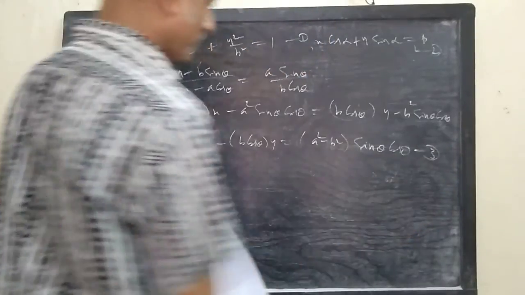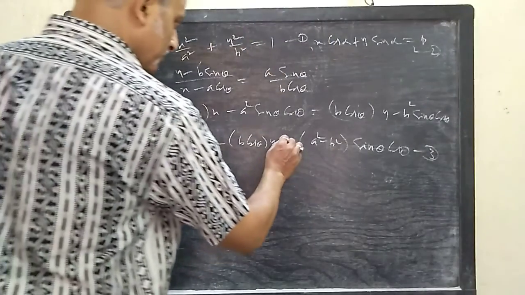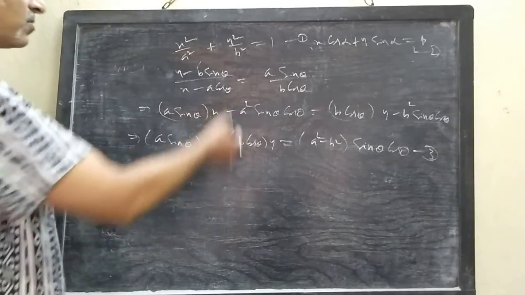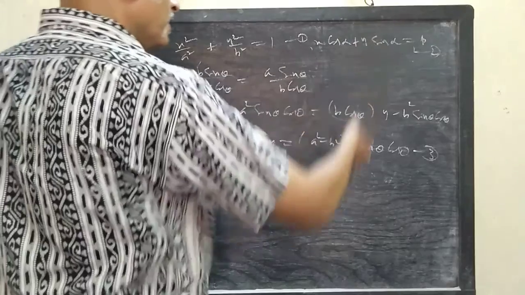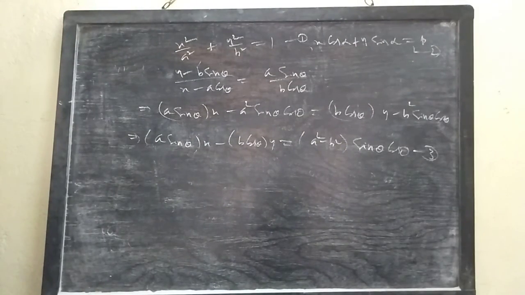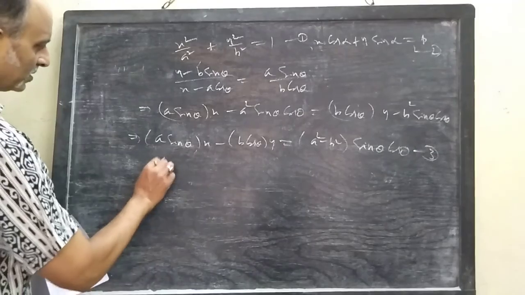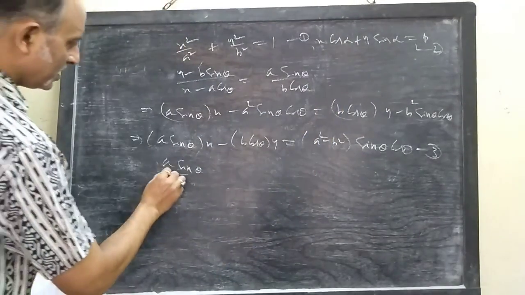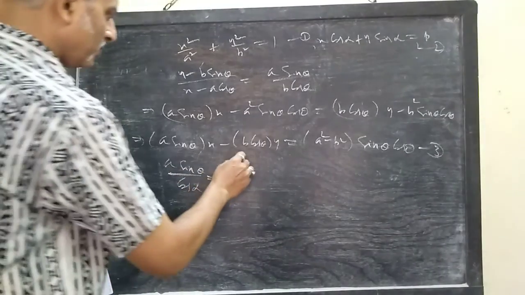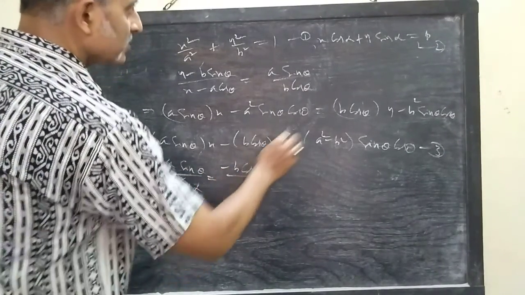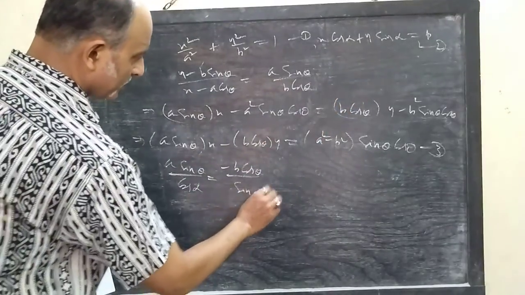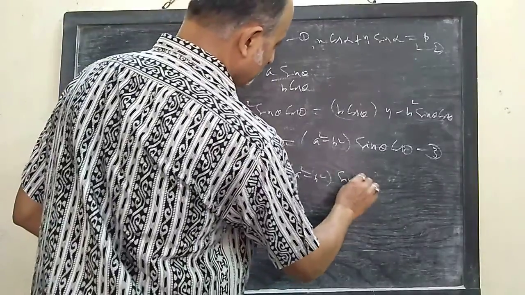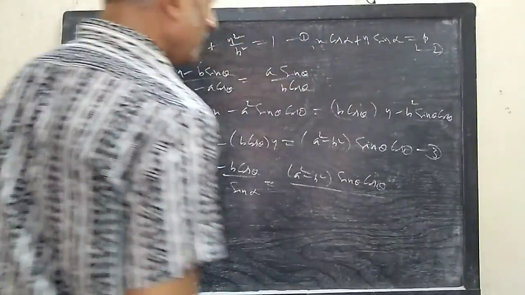This is number 3. Now, if equation 3 represents the normal to the curve 1 at the point P, then lines 2 and 3 must be identical, and in that case we get, coefficient of x is cos alpha, a sin theta by cos alpha is equals to minus b cos theta by sin alpha is equals to a square minus b square sin theta cos theta by p.